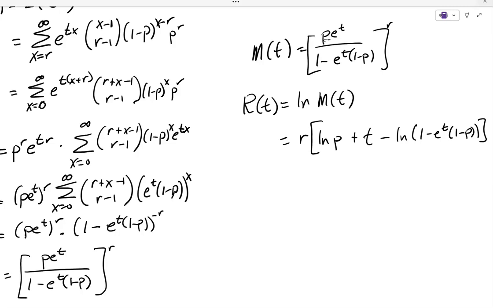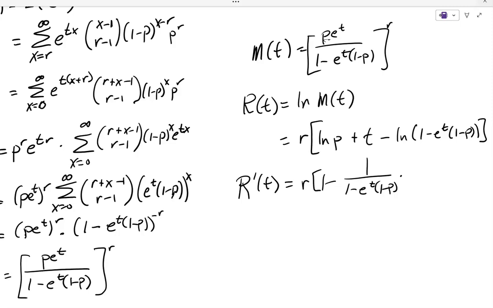But this is nice, right? Especially when you take the first derivative, right? Derivative with respect to t. What's the derivative of natural log of p with respect to t? 0. It's just a constant, right? Derivative of t? 1. Now the other one's going to require a little bit of chain rule work, right? I got to do 1 over the inside times the derivative of the inside. But the derivative of the inside isn't horrible. It's a negative e to the t times a constant.